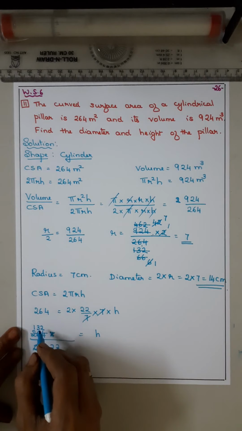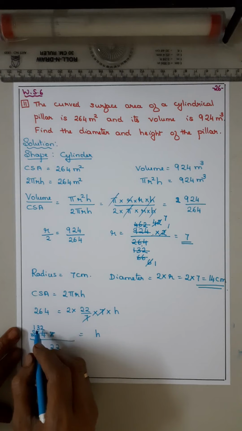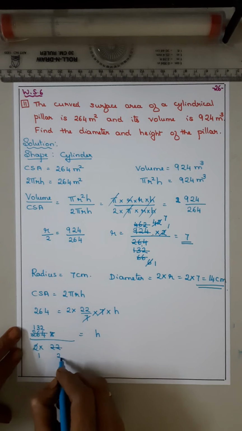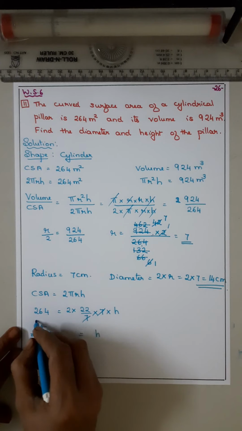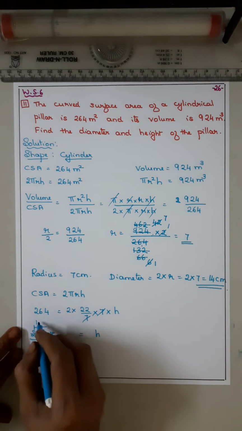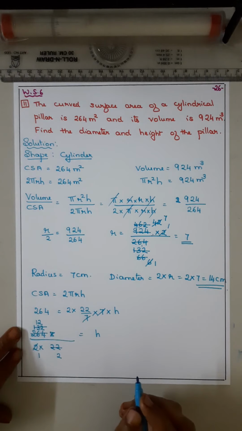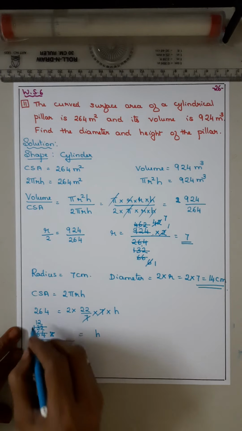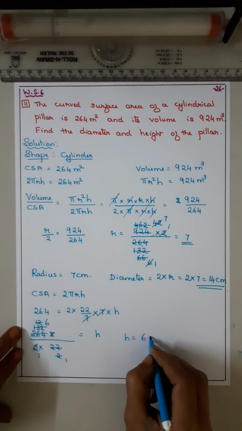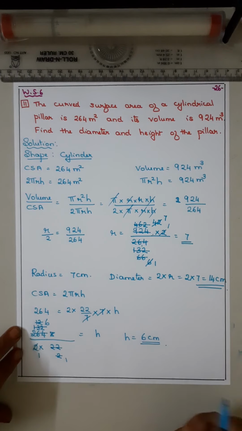Now 1 and 2, 3, 3 minus 3, 0, that means it goes into 11. 11 2s are 22. Now 2 1s are 2, 2 6s are 12. So H is equal to 6 centimeter.